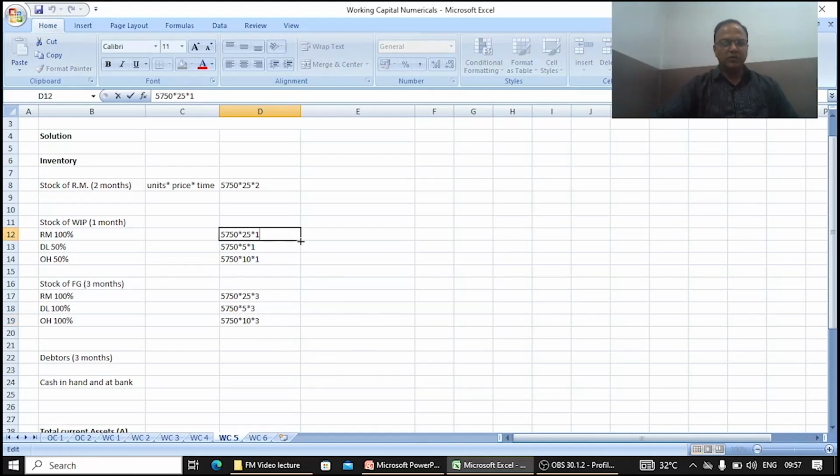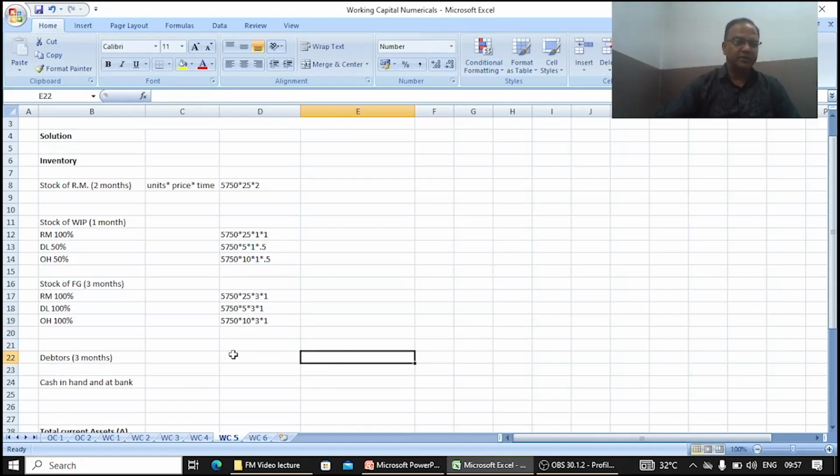Now, one thing remaining is into 1 because it's 100%, into 0.5 because it's 50%, again 0.5 because it's 50%, and 1 because it's 100%.